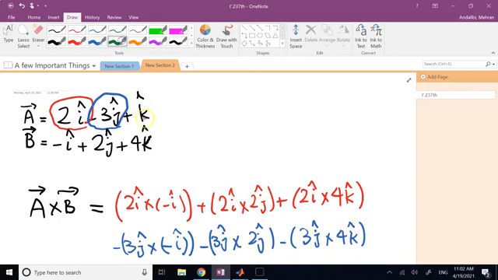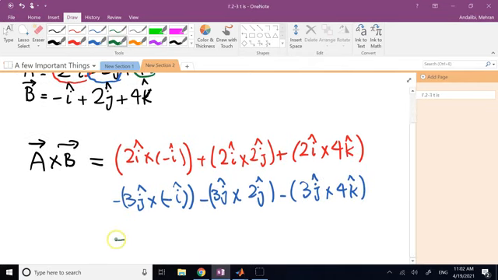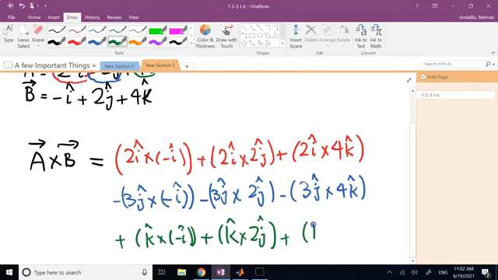And finally, they go to the last element, K, and now it is plus K cross negative I, and then plus K cross 2J, and then plus K cross 4K.